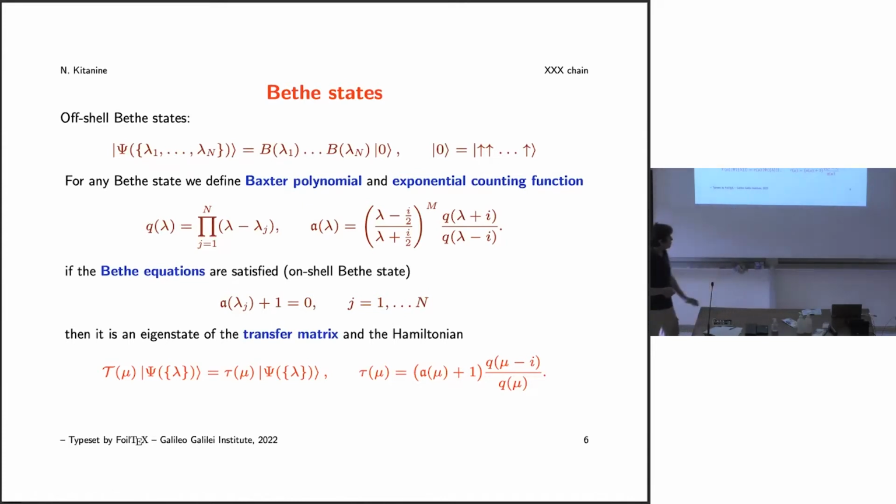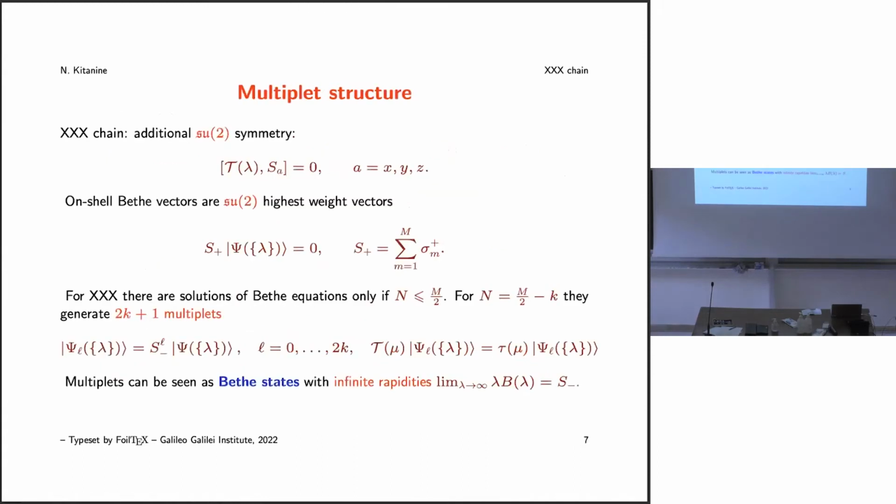Well, that's just a small remark about the particular case of the XXX chain. Well, of course, we prove that these states are eigenstates. Question about the completeness of the eigenstates for the XXX chain, the answer is evidently not. It's not complete because you need to add some additional symmetry, but a very simple symmetry, which is the SU2 symmetry of the chain.